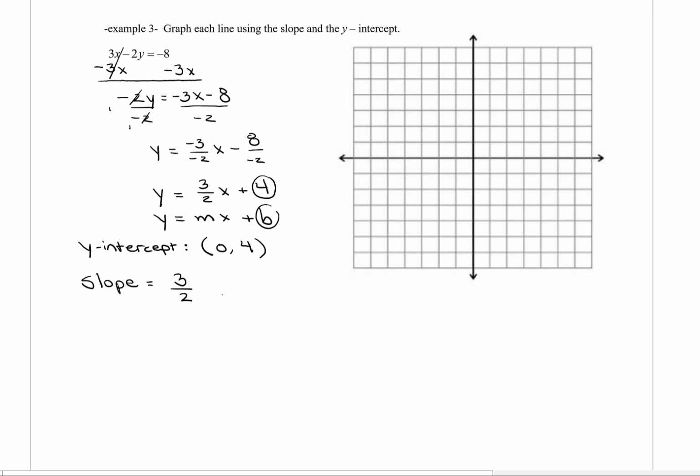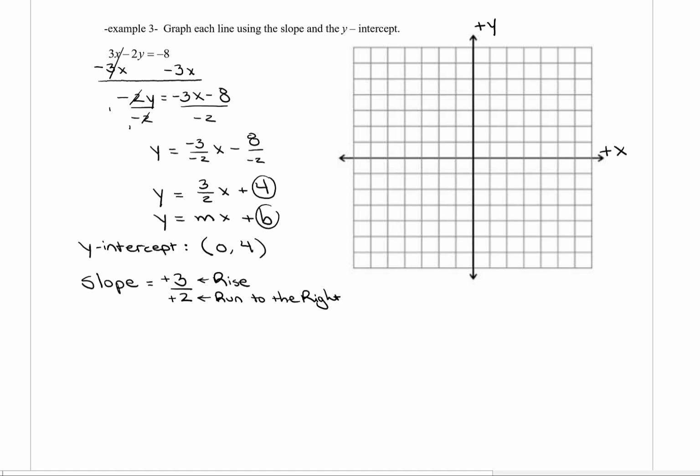The slope is equal to 3 over 2, so since it's a +3 over a +2, the 3 is going to represent a rise. I'm going to write a little positive sign next to the 3 and next to the 2. I've drawn an arrow next to the 2 representing this as the run to the right. If it's a +2, we run to the right.